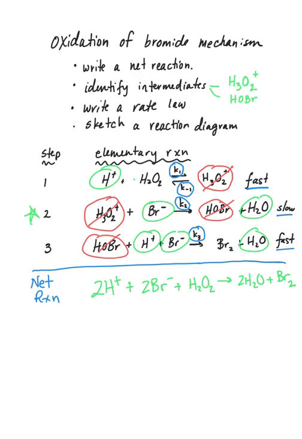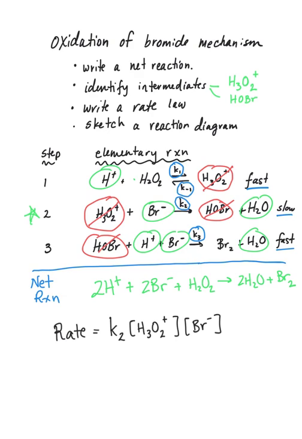That looks like this. Our rate of reaction is equal to our rate constant for that step, K2, multiplied by the concentrations of either reactant raised to their stoichiometric coefficients, which are both 1.